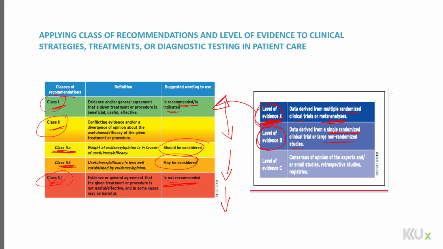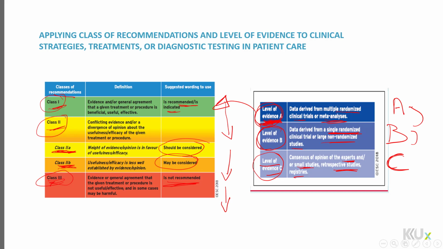As you can see, level of evidence A is clearly much stronger than B. And lastly, level of evidence C, which means either consensus of opinions, that is experts' opinion, or even small studies, retrospective studies, or registries. That is definitely much weaker than B and A.